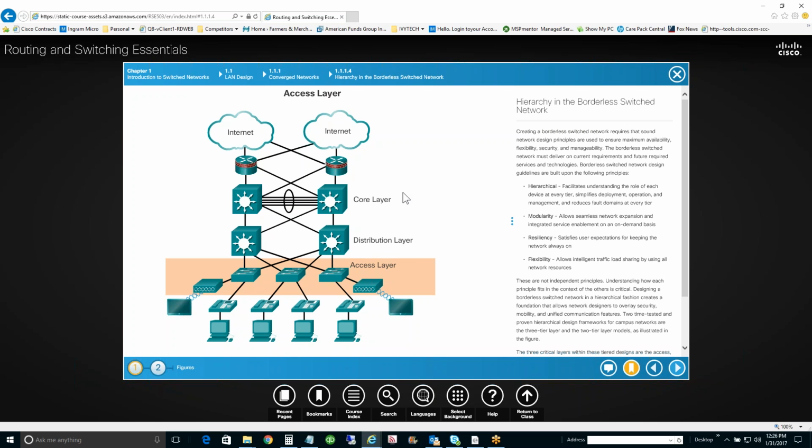The core layer is what we call the backbone in most networks. The backbone is high speed and usually has minimal traffic policies so that it's as efficient and as fast as possible. It's kind of like the superhighway of the network.